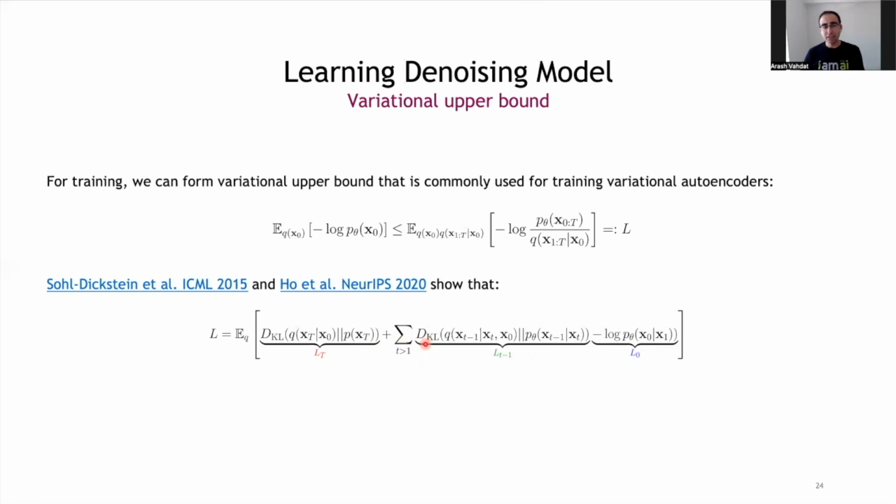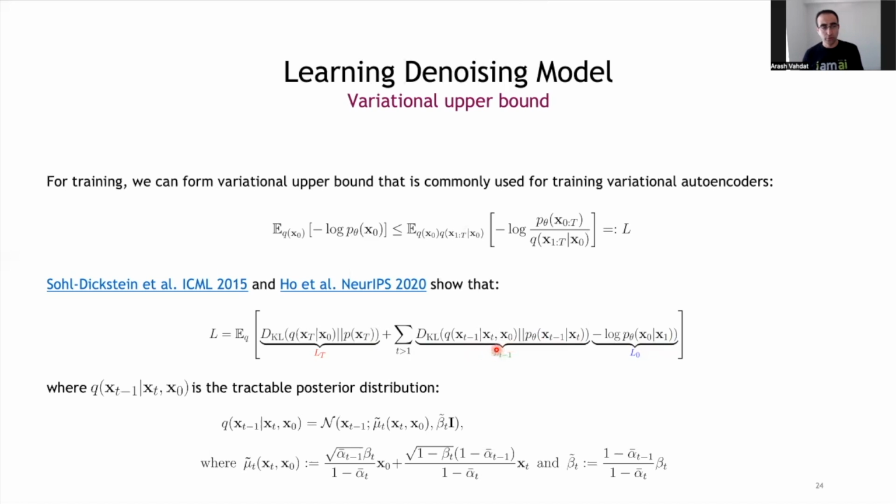This is the KL divergence between this q(x_{t-1} | x_t, x0) and our denoising model. This is our parametric denoising model that generates x_{t-1} given x_t. This q distribution is a particular, not new, distribution. We're going to call it the tractable posterior distribution.